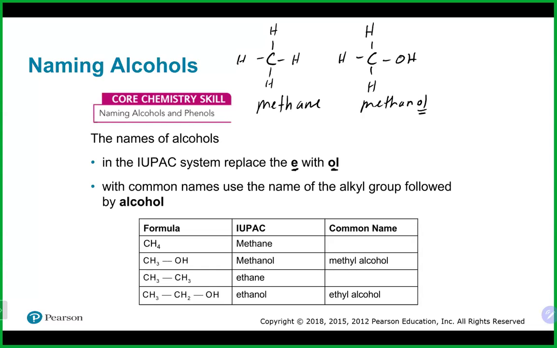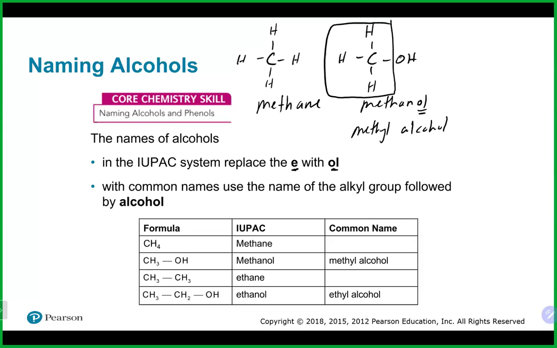Sometimes a common name is used for this, where they will just name the group that's attached to the OH like an alkyl group. And basically, as you can see here, that is a CH3, which is a methyl, and that is the common name, which is methyl alcohol, or ethyl alcohol if you have a 2-carbon group attached there, or ethanol.